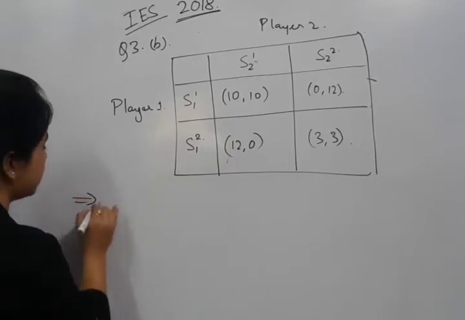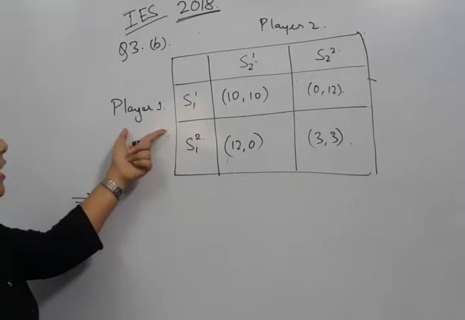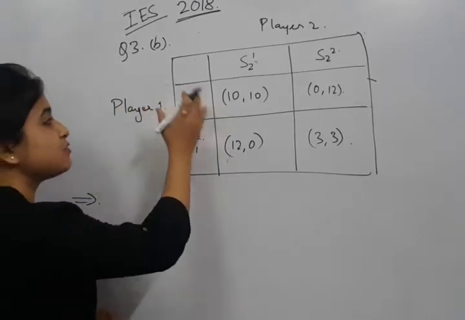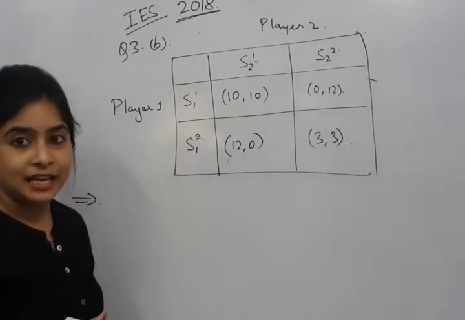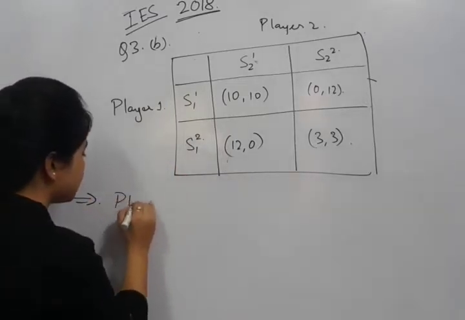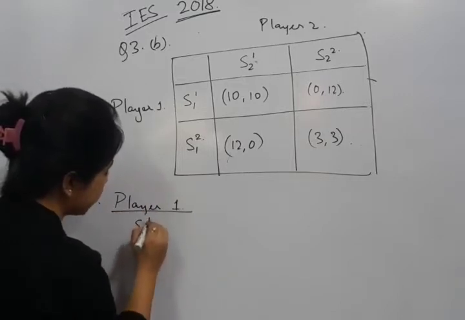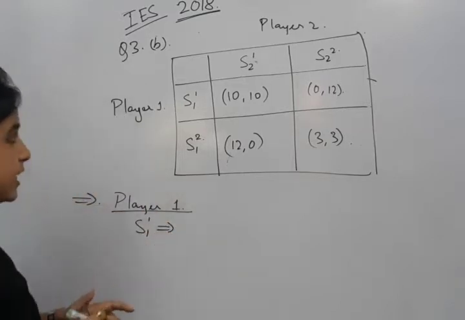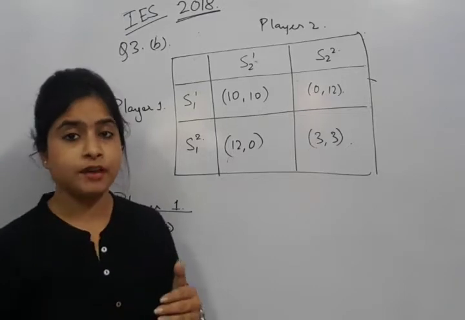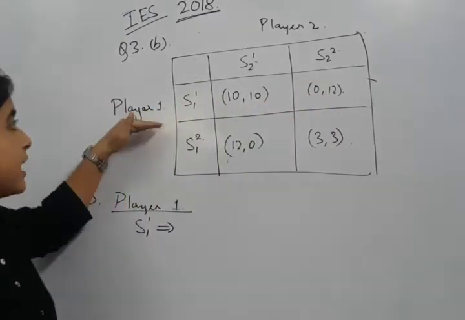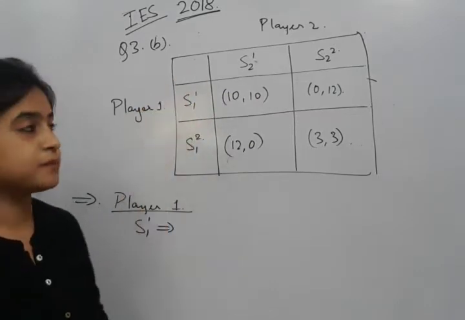Starting with the situation when player 1 chooses his strategy S1 dash. When player 1 chooses S1 dash, what is the best payoff that player 2 can choose, given that player 1 has chosen S1 dash?